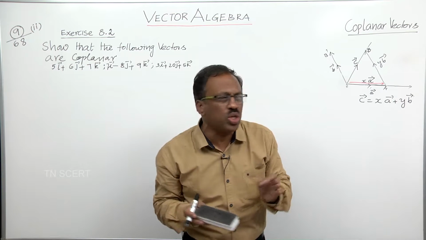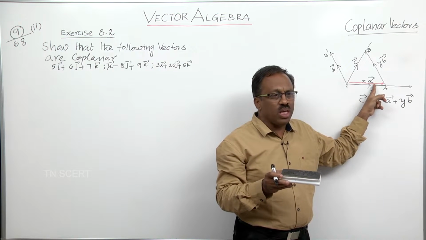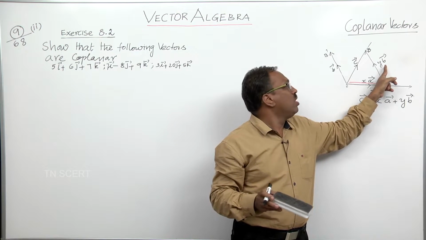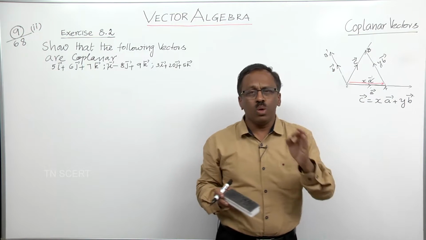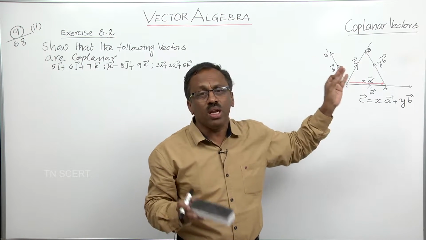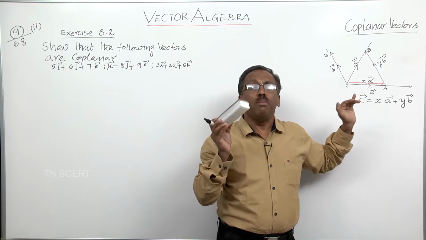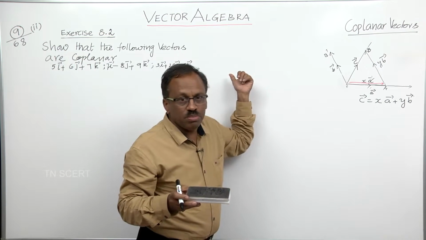What is a linear combination? It is some segment which we multiply with A and some segment which we multiply by Y. So XA plus YB is the representation of coplanar vectors. Okay. Now this result is very applicable to this problem.